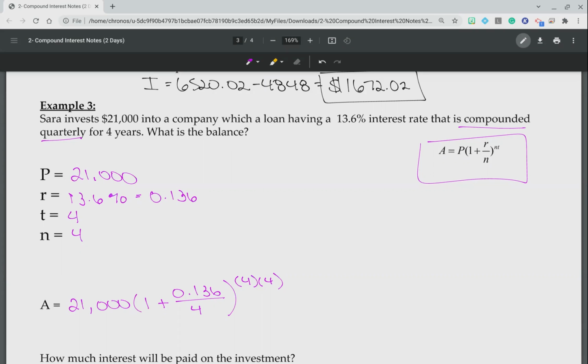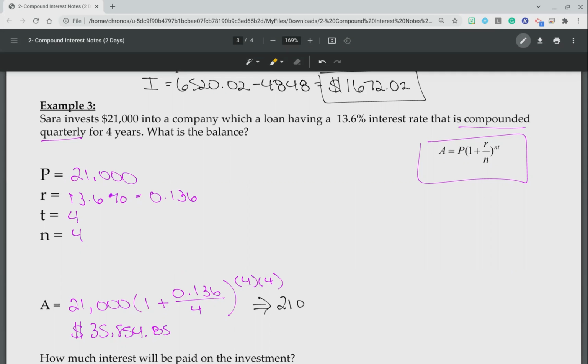Again, use that little caret key and do 4 times 4. And I got $35,854.85.